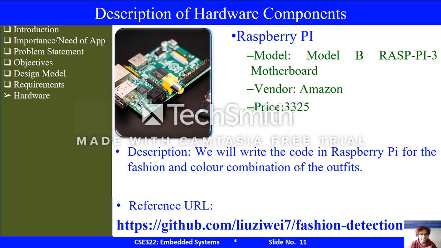It'll take time, it'll make errors, it'll learn after making a few mistakes, and once it learns what color clothes you're wearing, from the sample data set that we have already inserted into the code, it'll suggest whether you're wearing appropriate clothing or not.